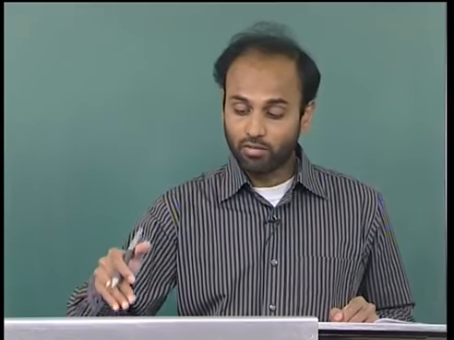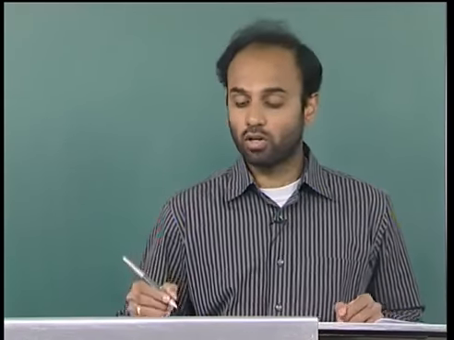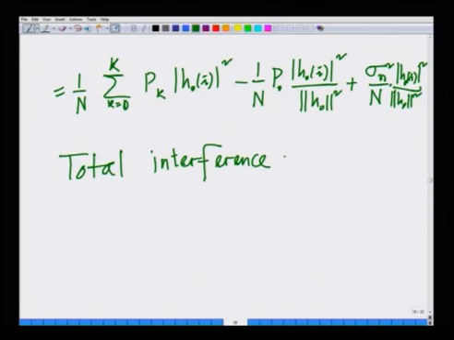So, the total interference after recombining is the sum of the interference across all these branches, and that is nothing but 1 over n, k equals 0, summation amongst all users, summation on all paths.